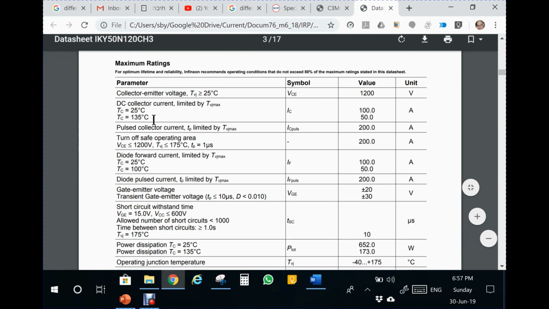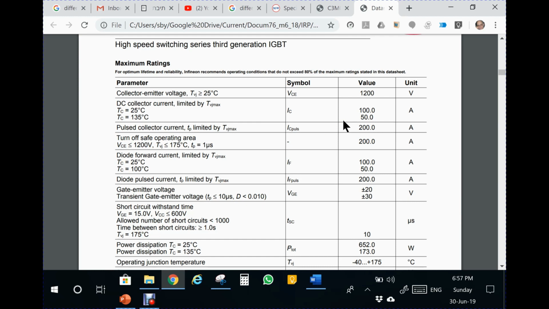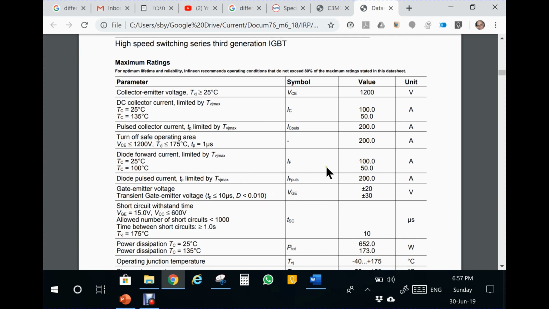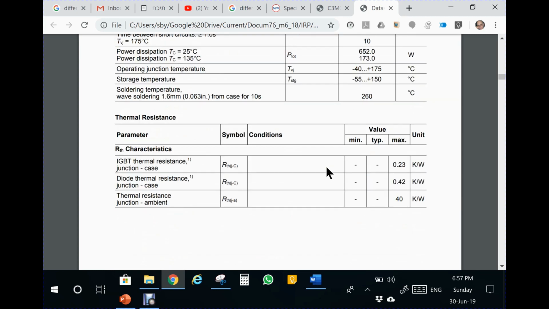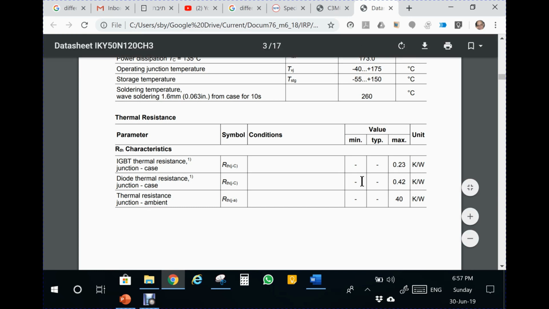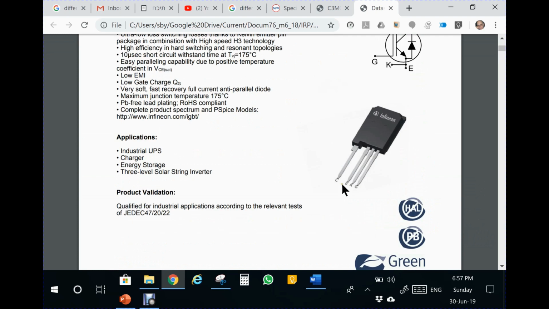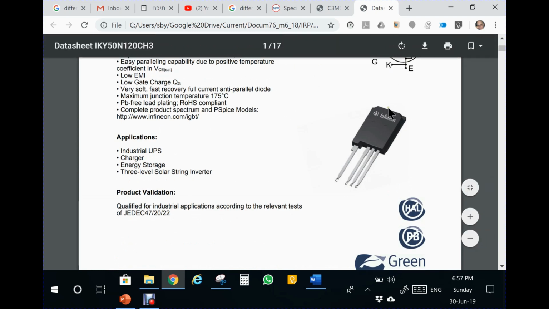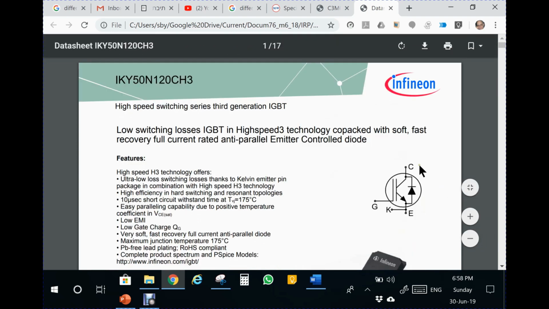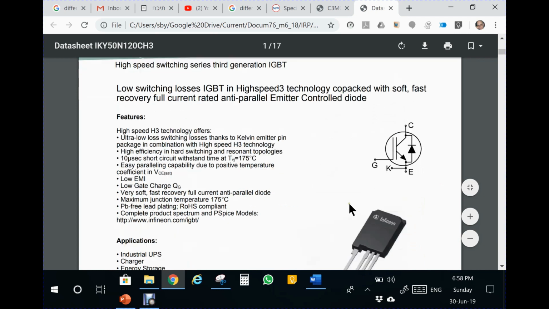That's the same order of magnitude as the silicon carbide transistor I've shown before. The thermal resistance is about the same, not too much different. The package is the same. By the way, this device has also a Kelvin connection. Here it is.